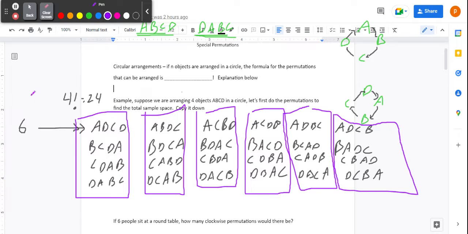We had 24, now we end up at 6. So we have 6, which is 3 factorial, because of all these repeats. The formula for it is just n minus 1 factorial. If we have n objects arranged in a circle, in a circular arrangement, the formula is just n minus 1 factorial.